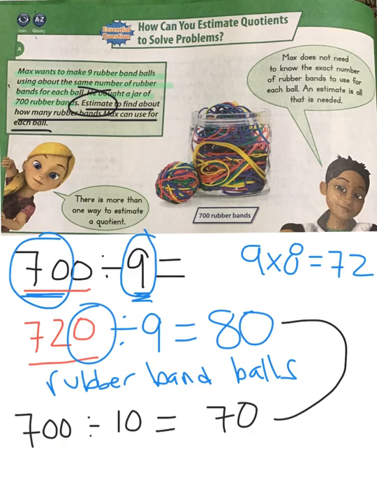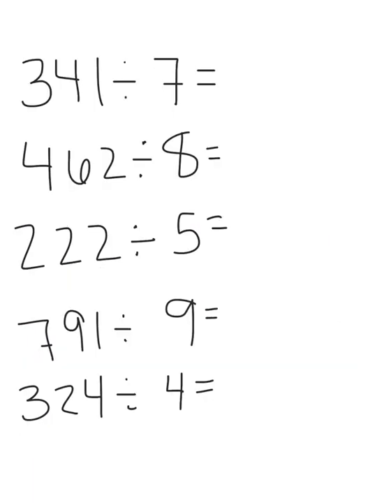For today, we are going to use compatible numbers to estimate quotients. These are not in your book, so please write these in your math notebook. We are going to practice using compatible numbers to solve these problems.